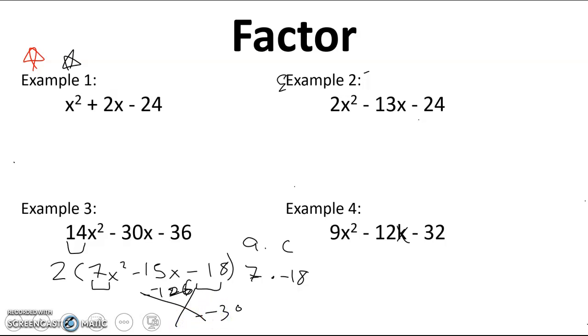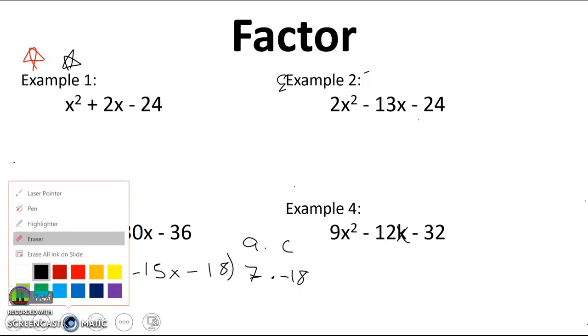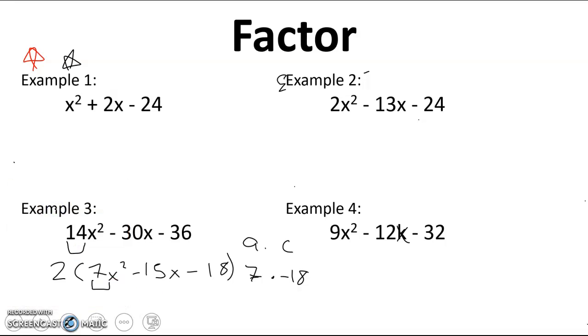So hang on, I'm going to erase this real quick. Try to make it look a little nicer. All right, so I'm going to go over here actually. So we got negative 126 and then negative 30. Looking for numbers that multiply to negative 126 but add to negative 30.